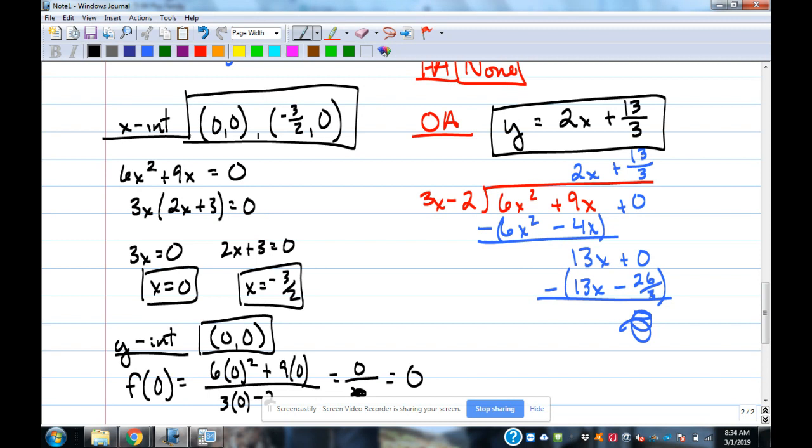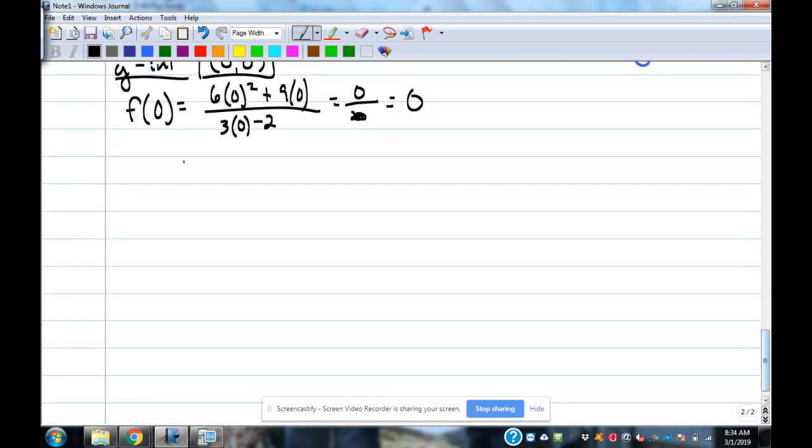Okay. We know that there are no holes in this graph, so we don't have to do that. But we need to find out, does this graph cross the asymptote? A little tougher problem there. So does it cross the asymptote?